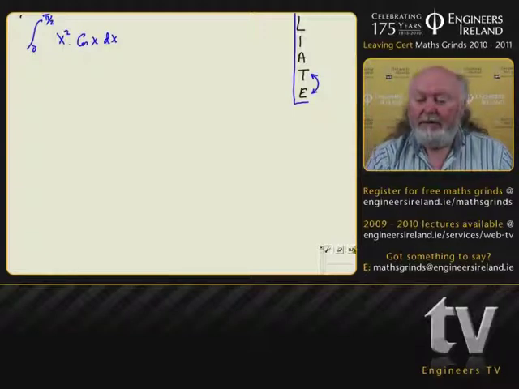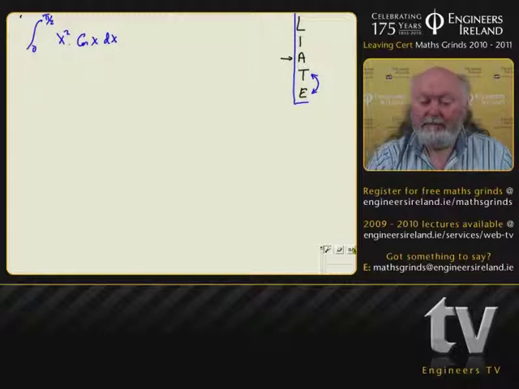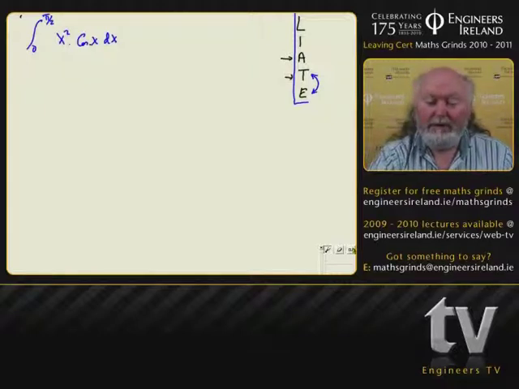The x squared is algebraic, cos x is trigonometry, so this is going to be the u.